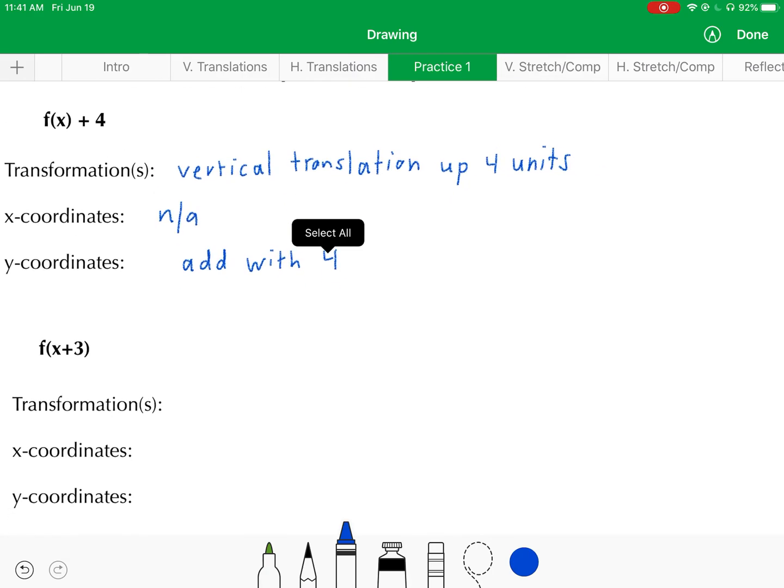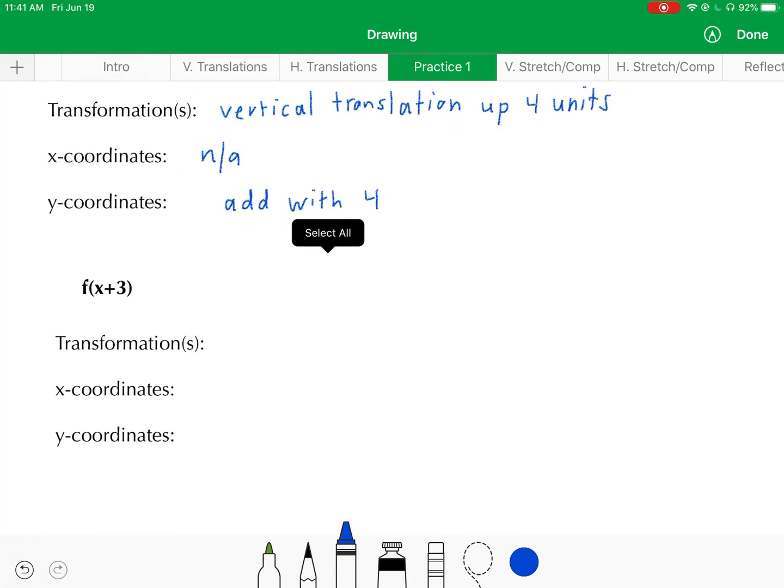Okay. All right, for the next one, f of x plus 3, notice the plus 3 is being accounted for with x inside the function. Okay, so this is going to have a horizontal effect, and remember, it's the opposite of what it appears. So this will be a horizontal translation left in the negative direction, 3 units.